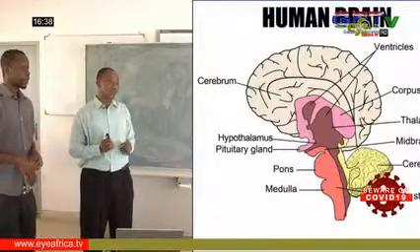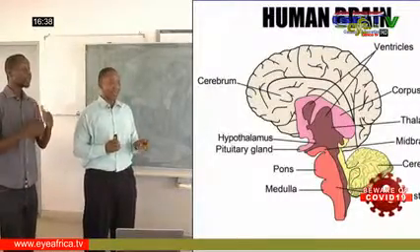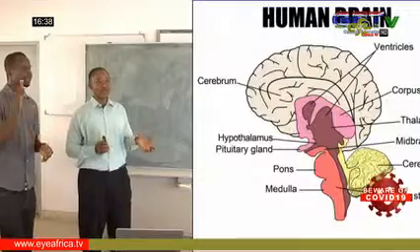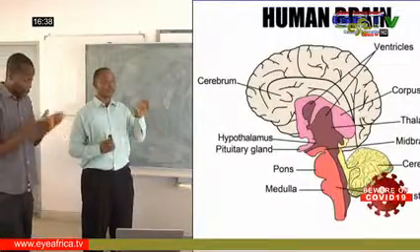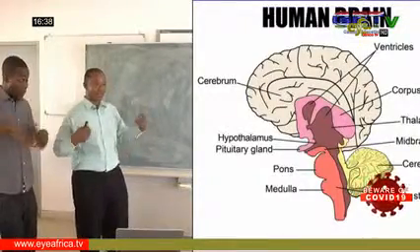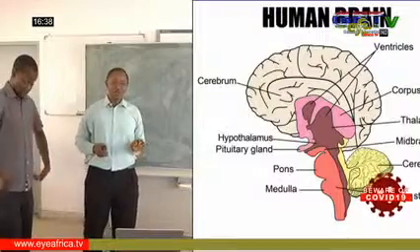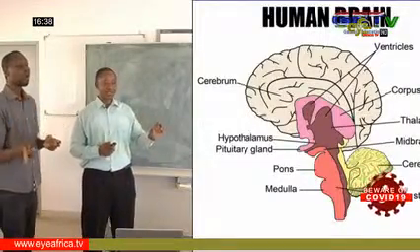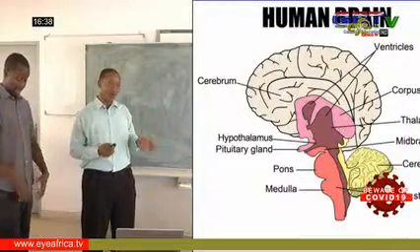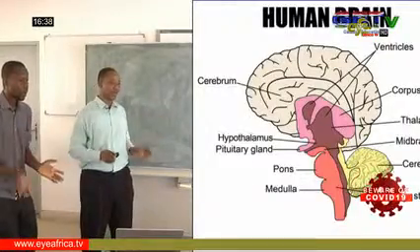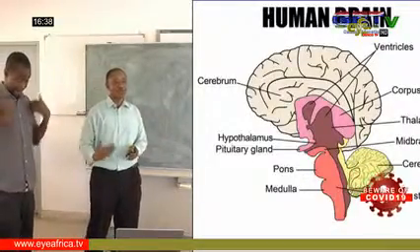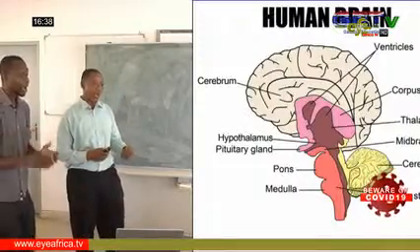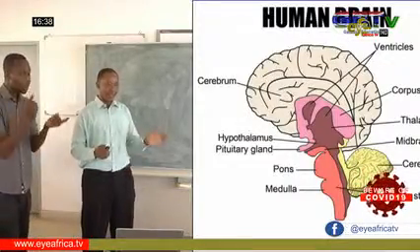And the most important for me is the pituitary gland, because it's the one that controls even some other parts of the brain, and of course the rest of the body, by means of special chemicals that are called hormones. It releases these hormones, and these hormones in turn trigger hormones from other parts of the body, and this is what controls how we grow, how we do things, and a lot more things.